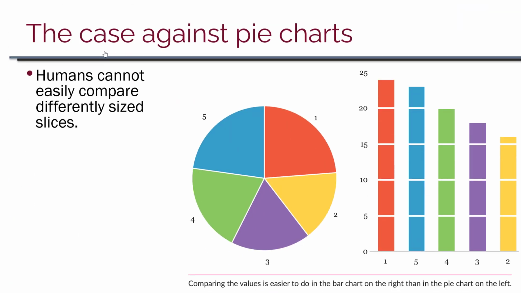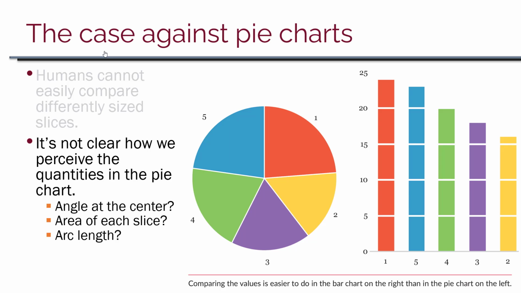So here's why. The problem with pie charts is that they're a very bad idea. Pie charts are everywhere, and they're a very bad idea. 3D pie charts, the worst idea. Here's the problem. Humans cannot easily compare different sized slices. It's not clear how we perceive the quantities in each pie.